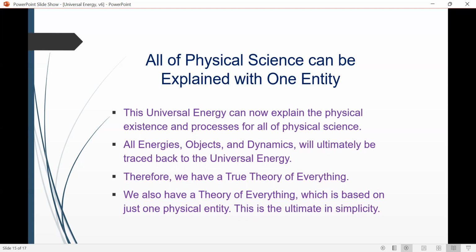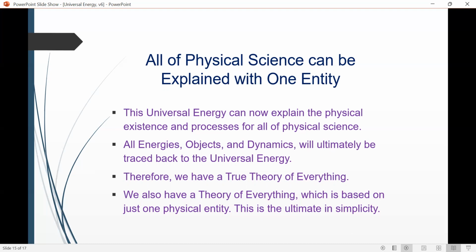We cannot get any more simple than just one. One concept, the universal energy, from which all other energies, particles, and motions are created. It's the ultimate in simplicity.